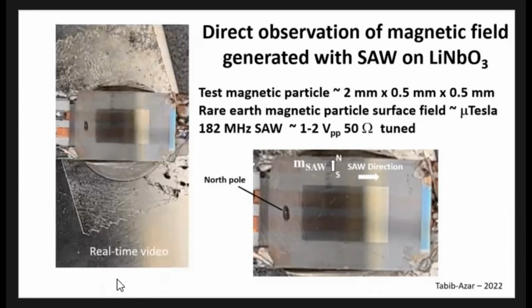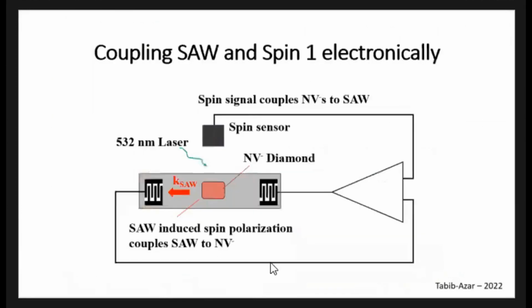So there's a piezoelectric material, and the atoms on the surface of the piezoelectric are slightly charged. So when the SAW, the surface acoustic wave, comes in and passes by, it sends these atoms into elliptical motion, and that generates a magnetic field. This magnetic field is actually pretty strong. It's on the order of millitesla at the surface, depending on the SAW power that you're using.